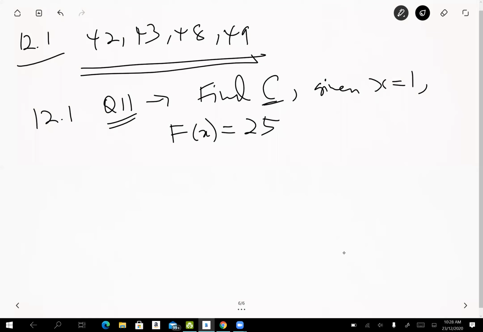Okay, so you should get C 22.4. That is one of your friends who got 22.4. Now, if you get another value, that doesn't mean you are wrong. Probably he is wrong. So we just go through that. Anybody who has a different value of C?